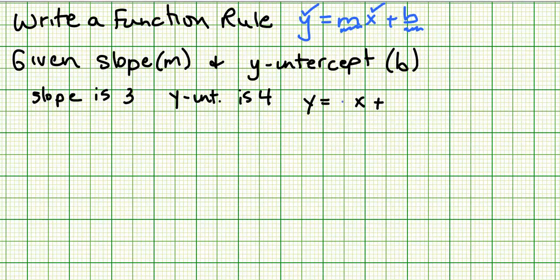So 3x. And the b, I'm not sure why they chose b to stand for the y-intercept. I just know that they couldn't use y because y is already being used. And in this case, it tells us that the y-intercept, which is our b value, is a 4.